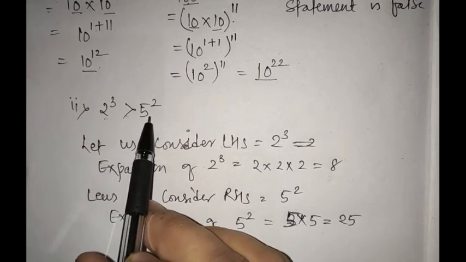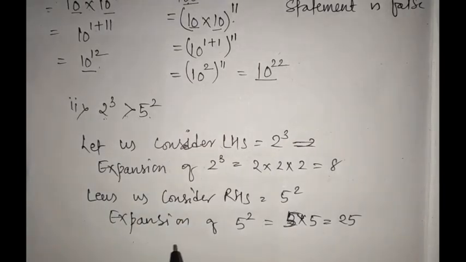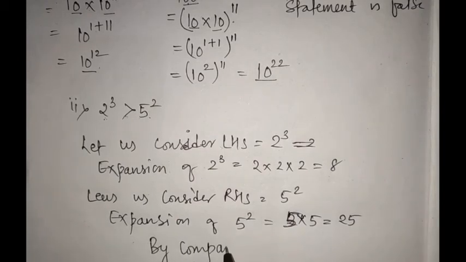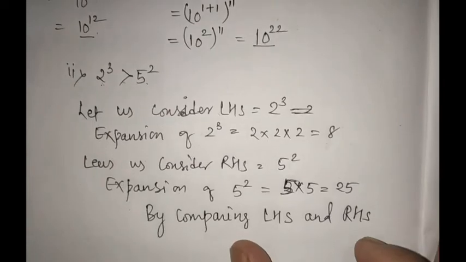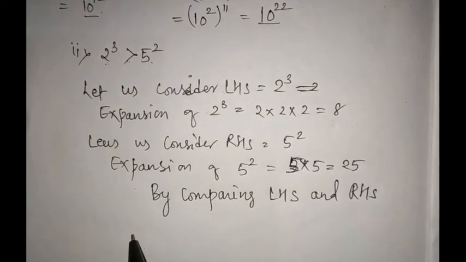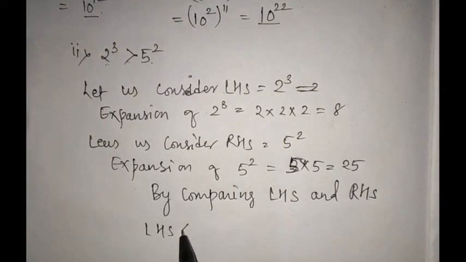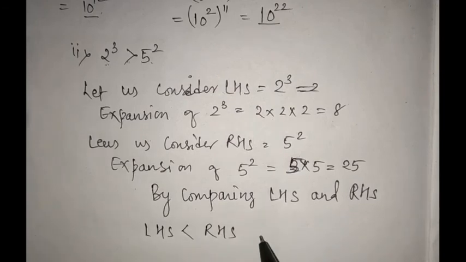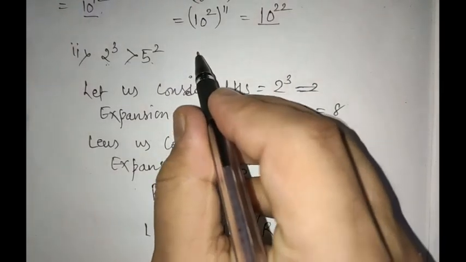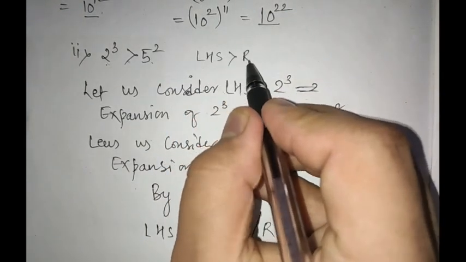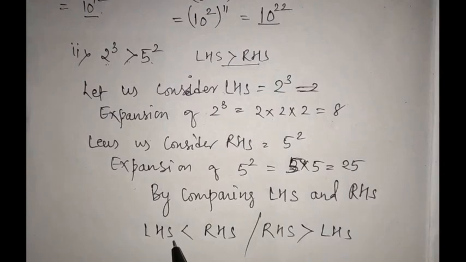Is it? No. So we will write by comparing LHS and RHS. What did we get when we compared them? LHS is less than RHS, or you may write RHS is greater than LHS, but they were saying that LHS is greater than RHS, which is totally wrong according to the justification.